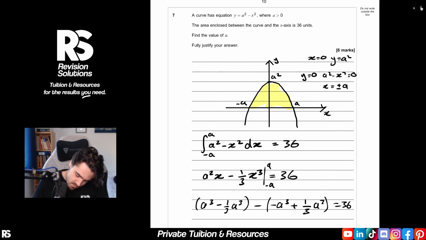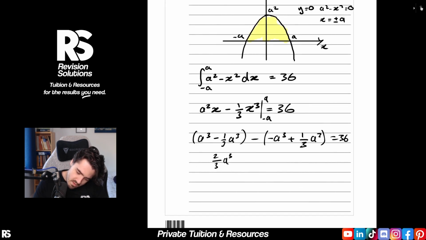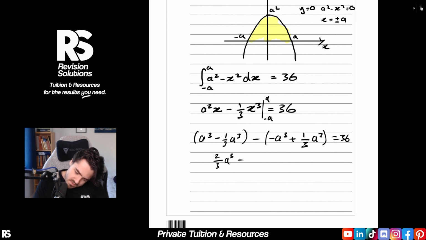And this is all still equal to 36. Simplifying down, we're going to get 2/3 of a cubed. And then in the second bracket, we're going to wind up getting minus a cubed plus a third, that'd be minus 2/3 of a cubed. But we've got a double minus, so it's going to wind up being plus 2/3 of a cubed. This is all still equal to 36.